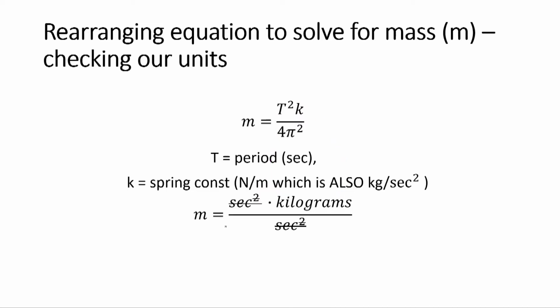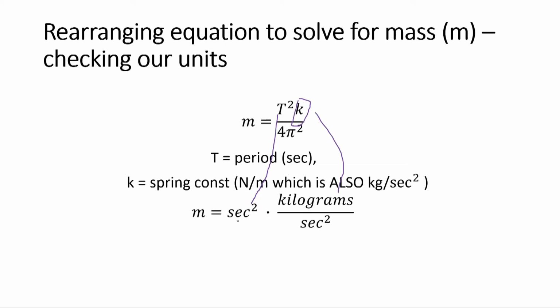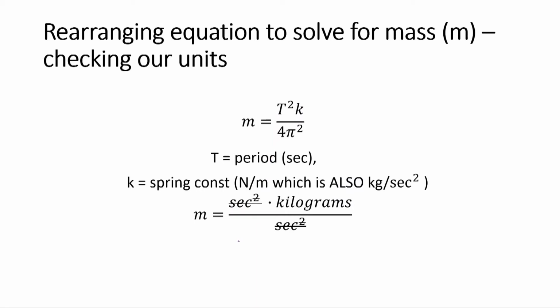Now if we combine them into one fraction, because this is essentially seconds squared divided by 1, remember? So we can do this legally, and then the seconds squared cancel, and we end up with a mass in kilograms, which is what we want. And that looks good.